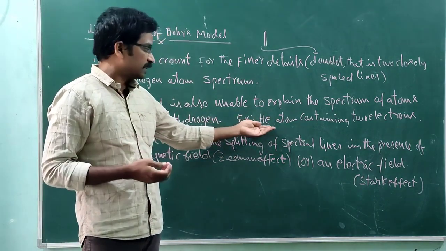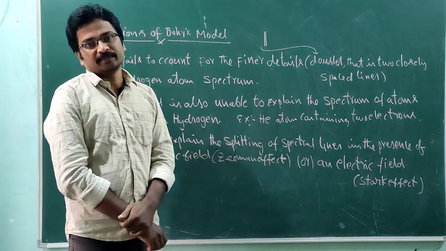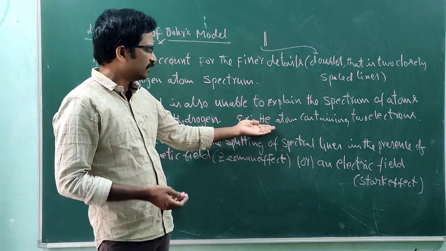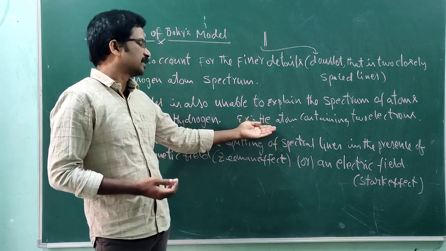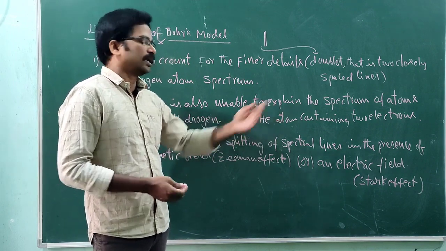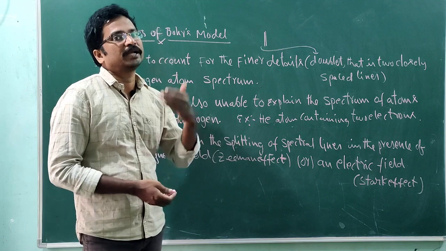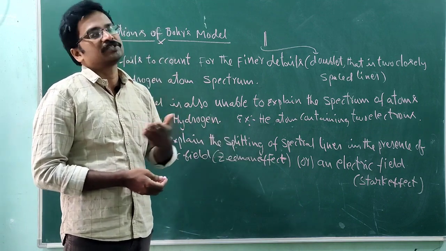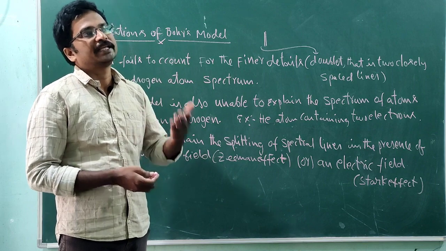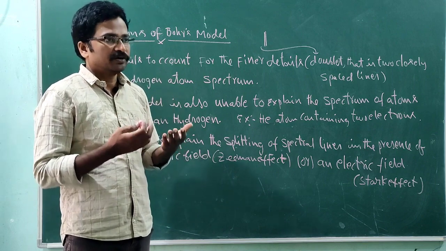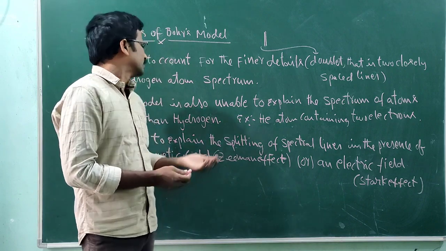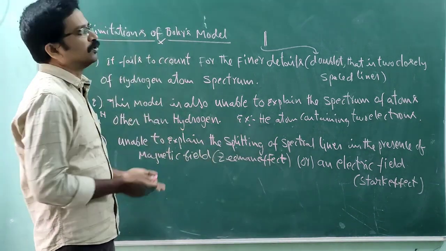It cannot explain the spectrum of a helium atom or lithium atom because they contain more than one electron. Helium contains 2 electrons, and so on. The spectrum of atoms containing more than one electron is not explained by the Bohr model.